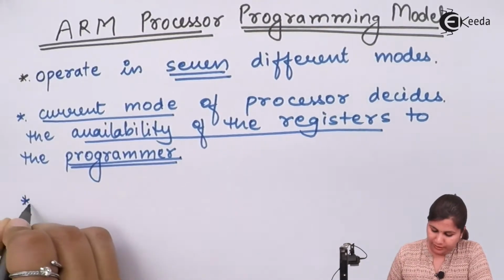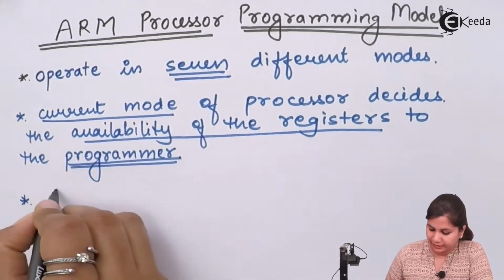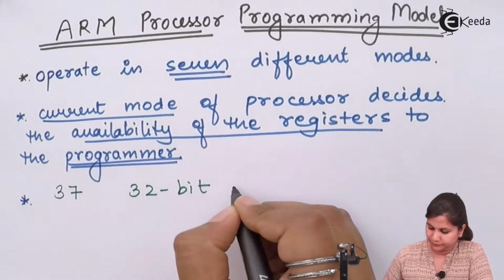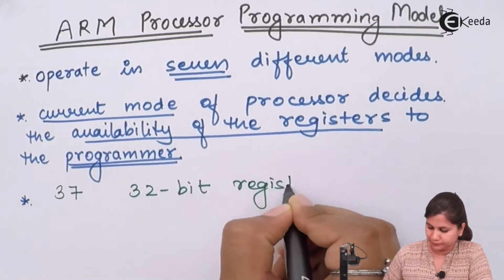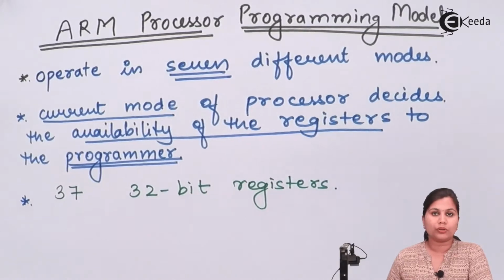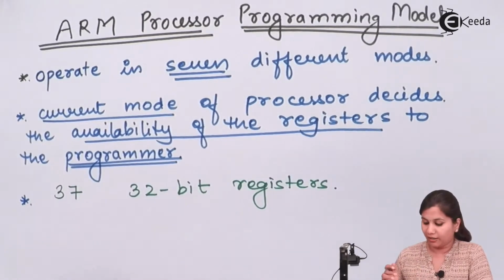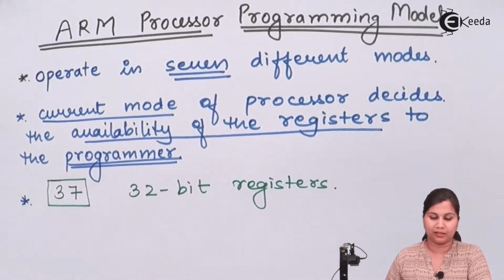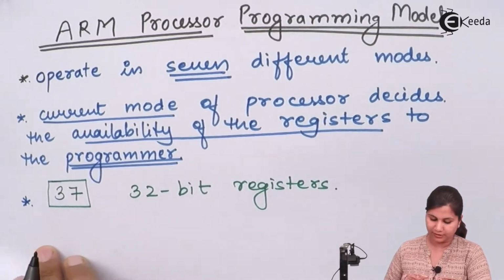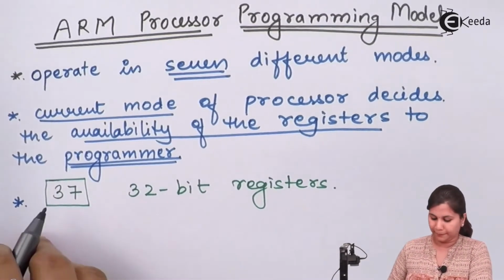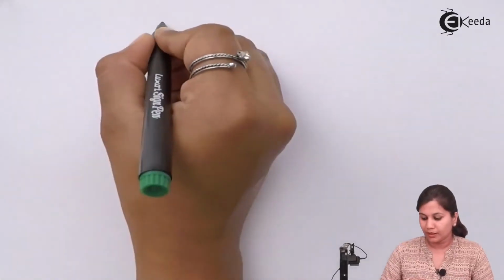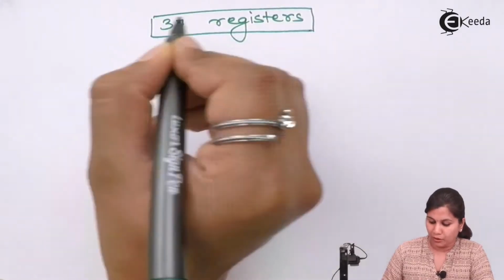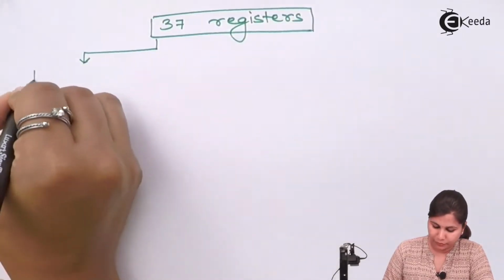Now in general, the ARM processor has 37 32-bit registers. Out of these 37 registers, one register is called the program counter.